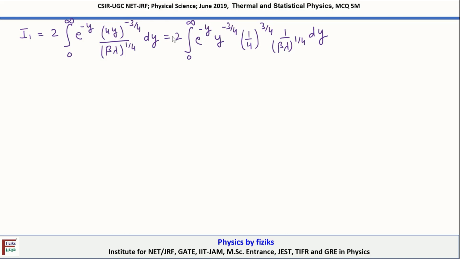Okay, so now we are going to keep only the terms involved in the integration, and the constant terms we will keep outside the integral.